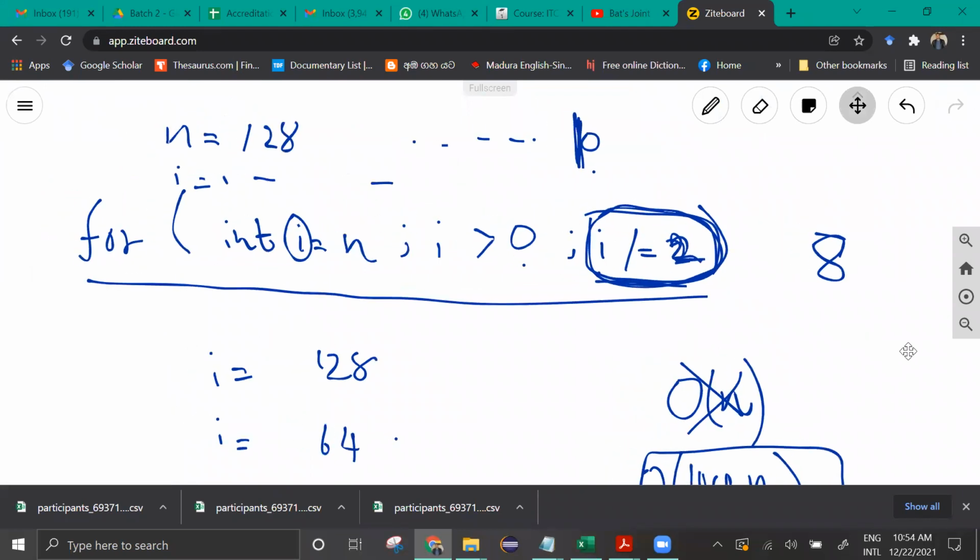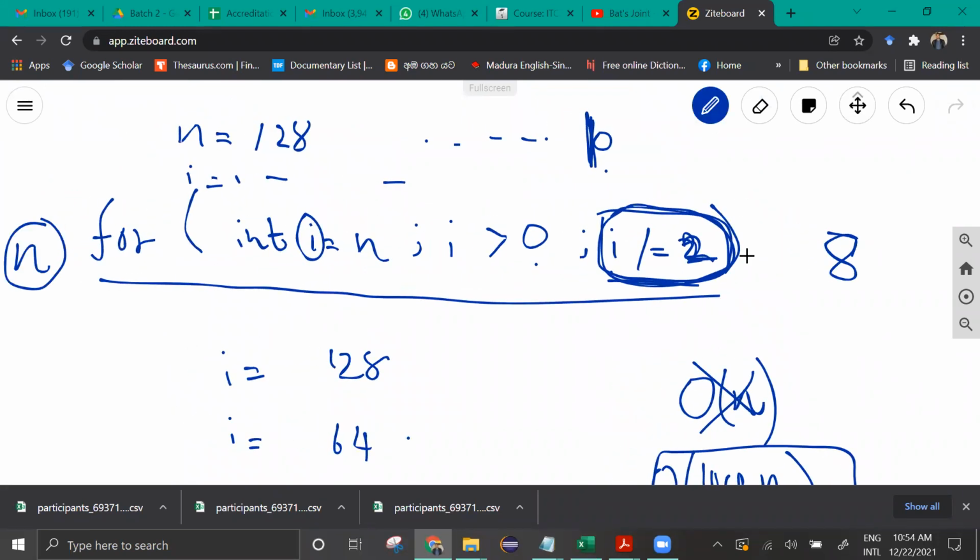So if it is just one loop, don't just consider that it is big O n. Actually, you have to check how the value is changing.